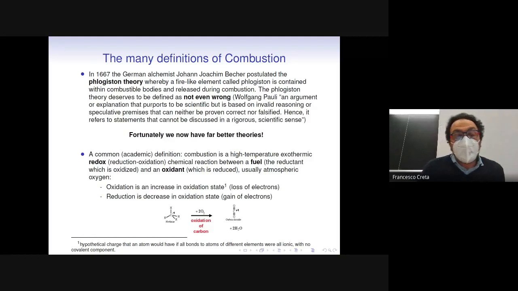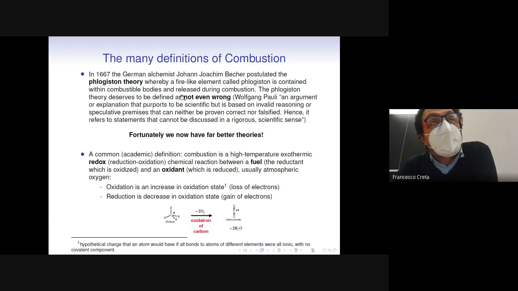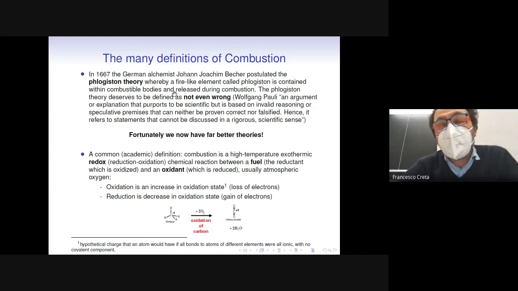So I'm just writing it down to tell you that we have progressed a little bit. In reference to theories of this sort, another one is, for example, the theory of the ether. There's no such thing as the ether. You should use the expression of Wolfgang Pauli that it's a theory that is not even wrong. So it's not even worth considering it wrong.